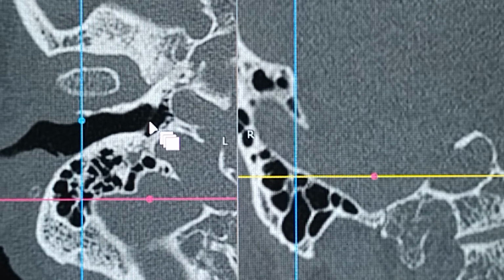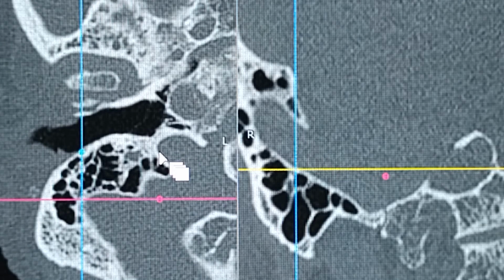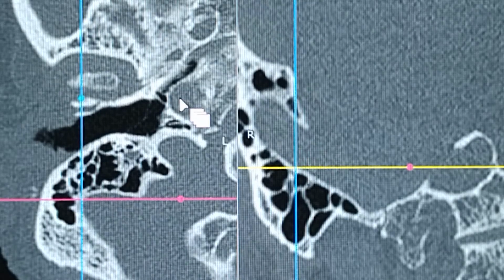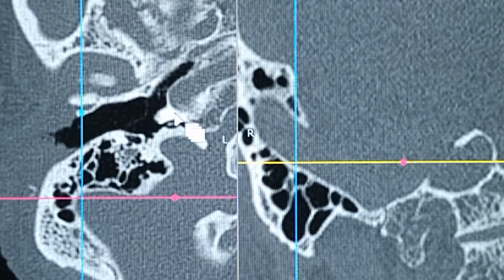Once we see the tympanic membrane, we see the ICA, the internal carotid artery, and the jugular bulb.